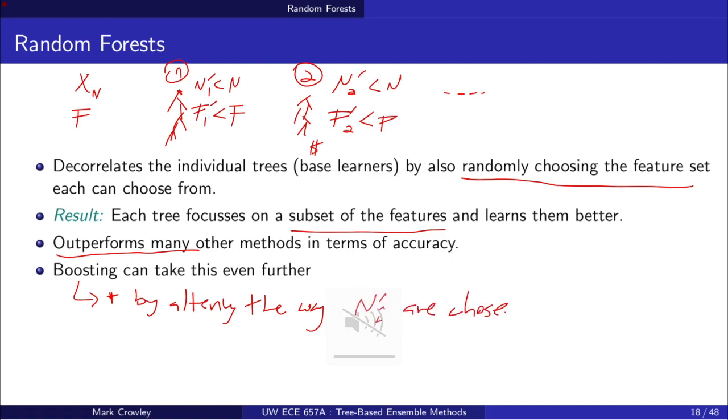You could say that for tree two, we're going to use the ones that all the previous trees have done badly on, and use that to weight the sampling, and now suddenly it's a boosted random forest. That usually helps even better, although it might be slightly more likely to overfit, right?